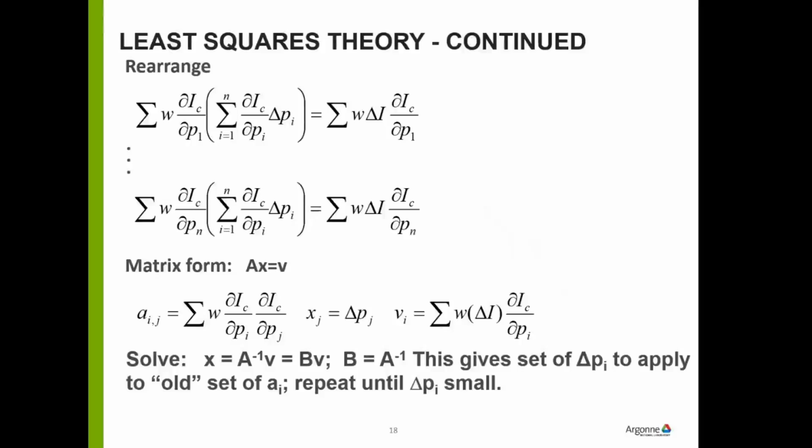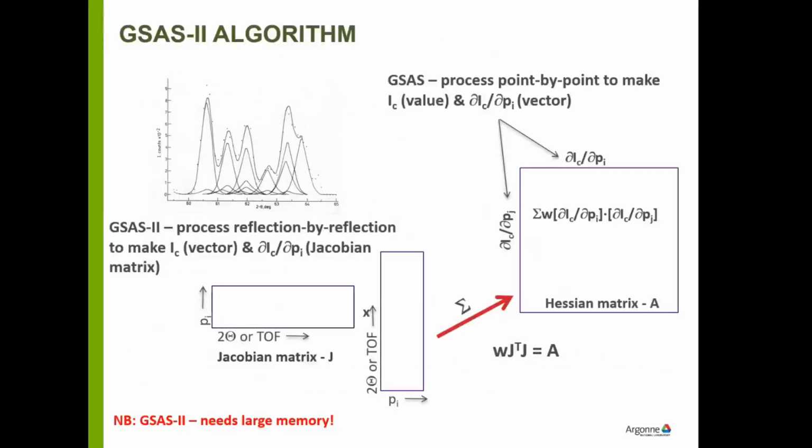In order to solve it, you have to invert the A matrix to give you the inverse one. That, by the way, is what the covariance matrix is. And that gives you a set of delta P's down the diagonal, and you simply repeat it until delta P is too small to bother with.